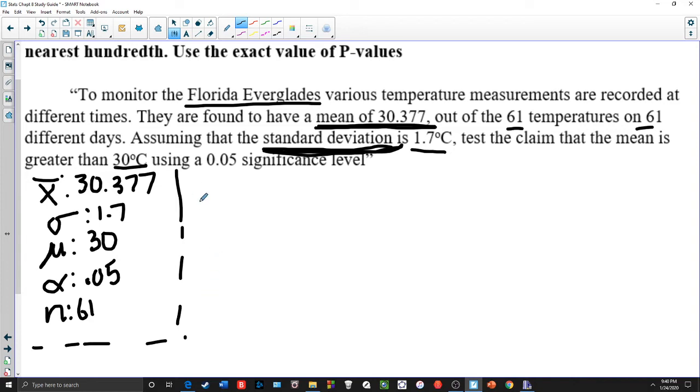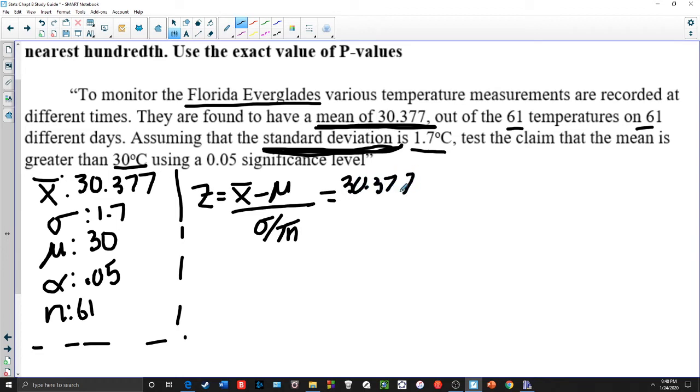Step 2 is to use the formula. In this case, we're going to be using the formula that we just used in the past problem: x bar minus mu over sigma over root n. So we just go to our number list here and plug in those values. 30.377 minus 30 all over 1.7 over root 61.